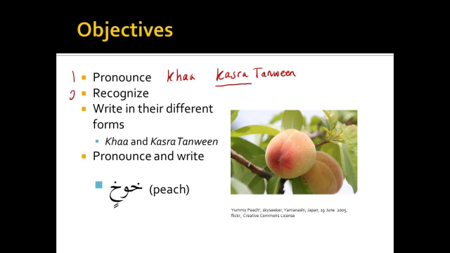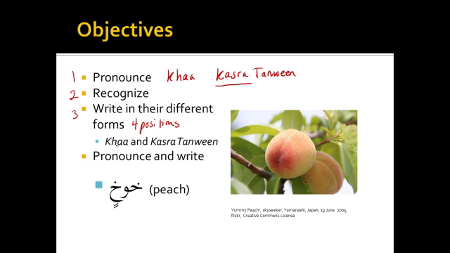Our second objective here is to recognize the Khaa and the Kasra Tanween when we see them in a word. Our third objective is to write the Khaa in its different forms. And as you know from the previous lessons that we've gone through, there are 4 positions for each letter in Arabic.